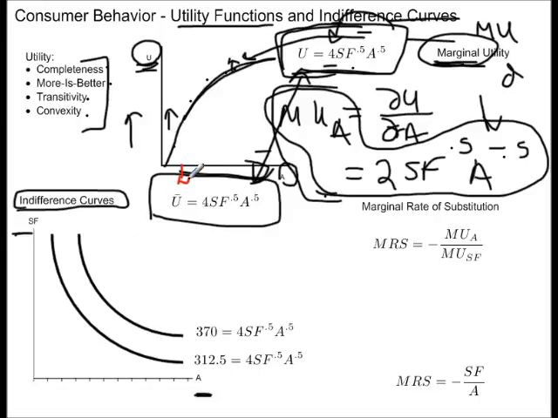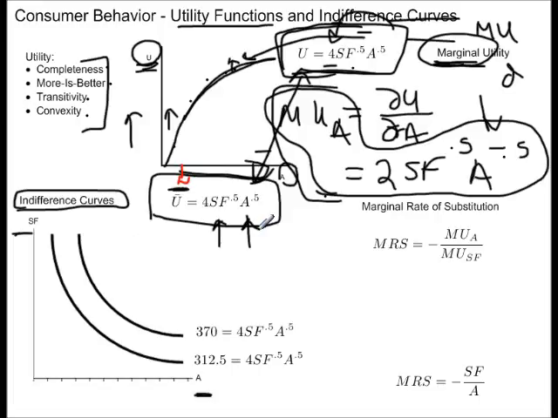Let's have that be one single value, and that value is held constant. So what we're doing here is we're holding constant the amount of utility. Utility will be the same. Happiness will be the same. This equation tells me all the different combinations of star fruit and apples that make me the same level of happiness.